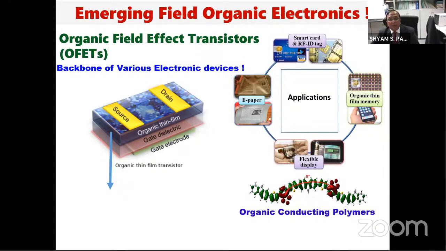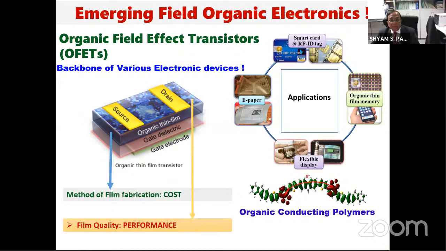A few nanometer thick semiconductor layer on the gate insulator is enough. So the cost depends on how we make a thin film, and quality and performance depend on the quality and nature of these organic semiconductors.